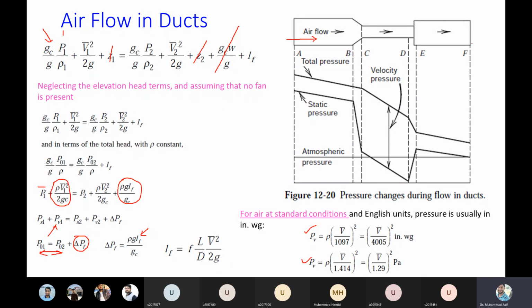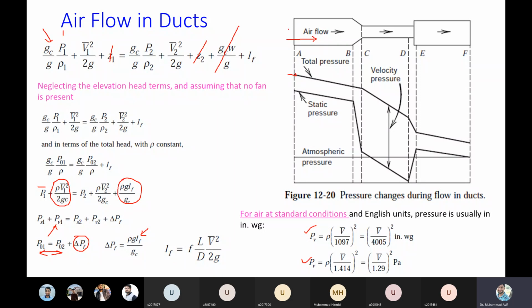So you can see the behavior of the different pressures. We are talking about two pressures. This line is for the static pressure, whereas the upper line is for the total pressure. Total pressure means the sum of the velocity pressure and the static pressure. And this is the base pressure, the atmospheric pressure. So you can see how the two pressures vary along the length of the duct as the air flows through it.